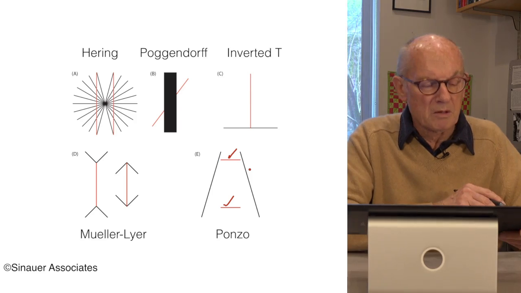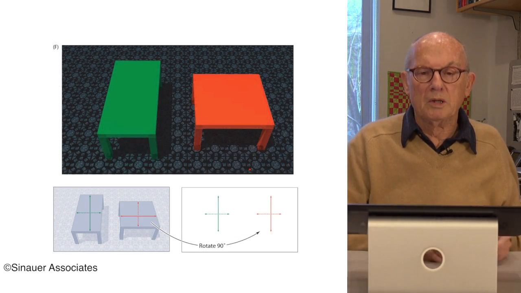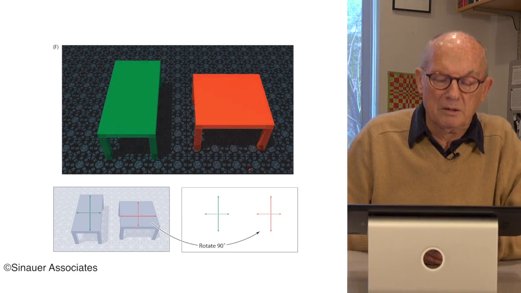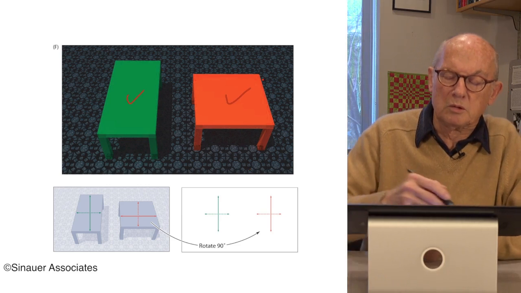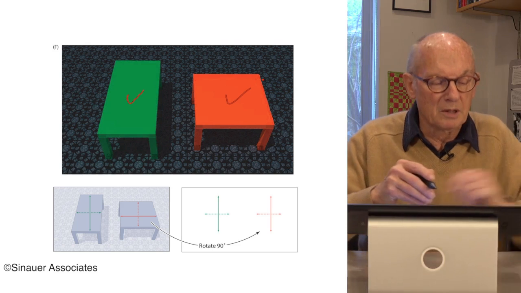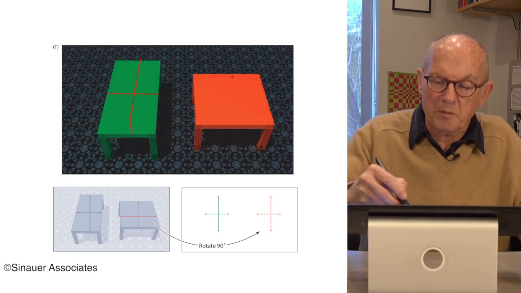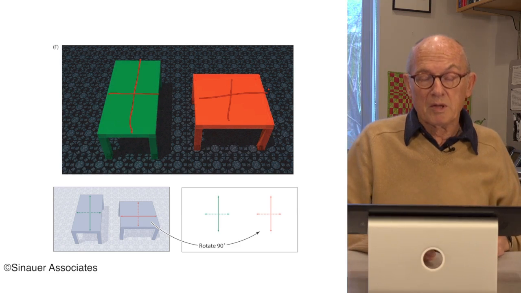As I say, all these effects are classical geometrical illusions that you'll find in any psychology textbook. There are also more realistic effects. This one is called the tabletop illusion. If you look at the green tabletop and compare it to the red tabletop, the dimensions of this one being length and breadth, the dimensions of this one being length and breadth, they look very different.